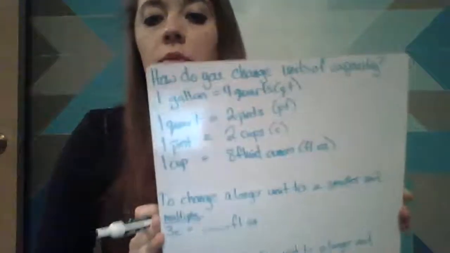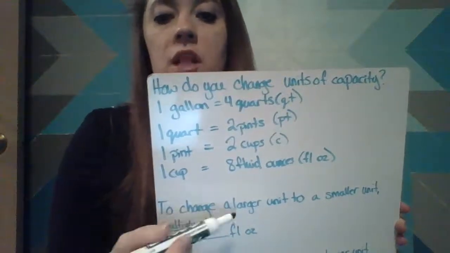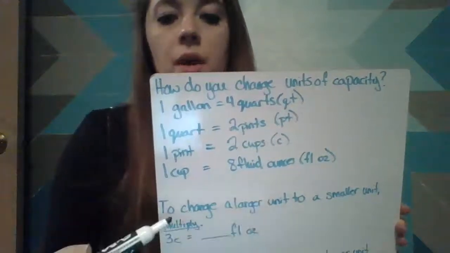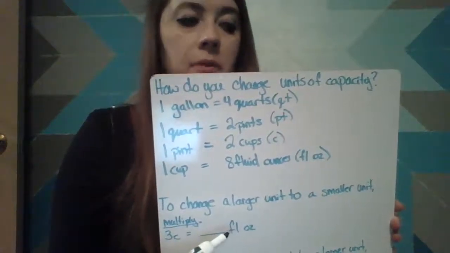All right, so once again, like I said, you're going to hear this a lot through this lesson. To change a larger unit to a smaller unit, we multiply. So we have 3 cups equals how many fluid ounces?